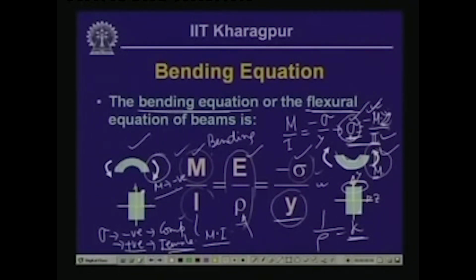Physically, as you can see, because of this kind of moment, the top fiber undergoes stretching, which is tensile in nature, and correspondingly the bottom fiber undergoes compressive stress. That is how we decide about tensile or compressive stress in a beam subjected to load, depending on whether the moment is positive or negative. Mind that the positive moment is the moment which we have assumed on the right face in the anticlockwise direction.